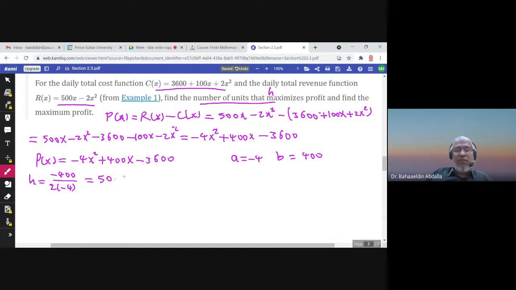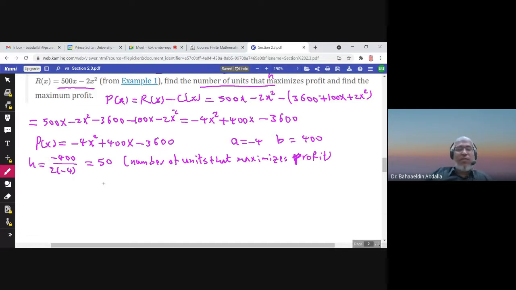So 50 is the number of units that maximizes the profits. So 50 units will give you the maximum profits. Well, what is the maximum profit?